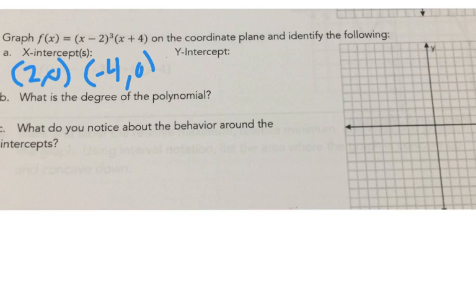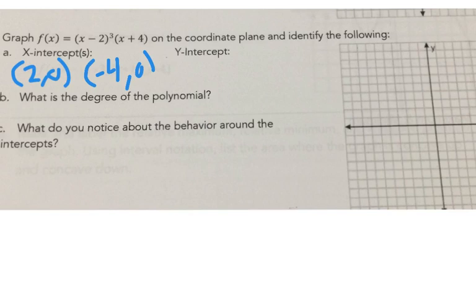So just by me looking at this, I already know some characteristics before I graph it. That way I know if my graph looks way off, I typed something in wrong. Right? I kind of have an idea in my head. Can I find the y-intercept without graphing it? Well, if you think about it, this parenthesis is happening 3 times.